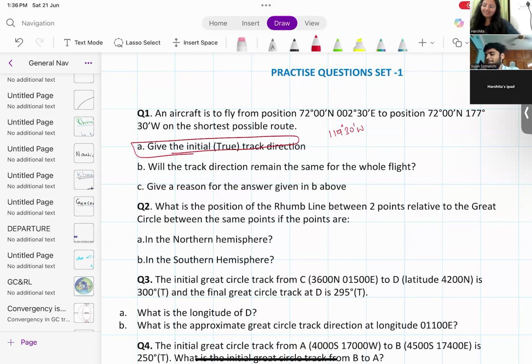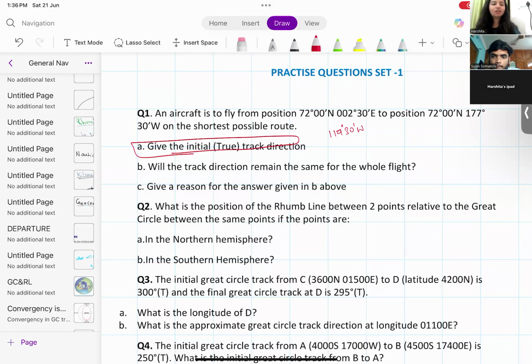Do you see the east and west points starting from 72 degrees north? Do you look at the east and west points?